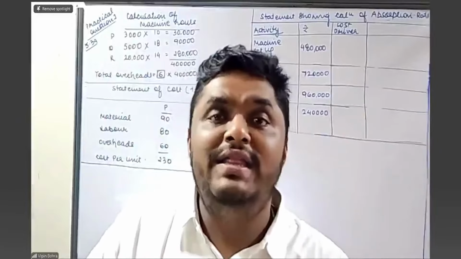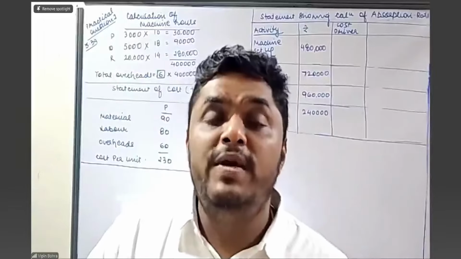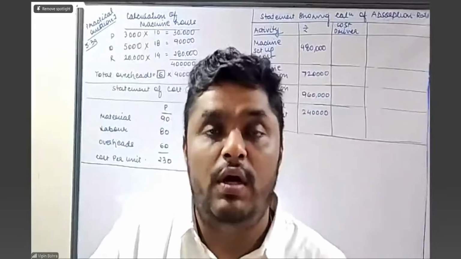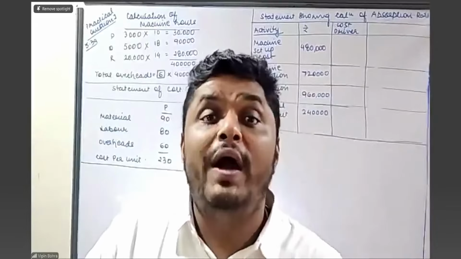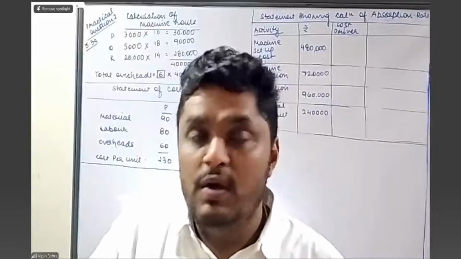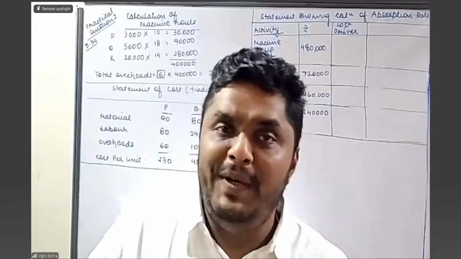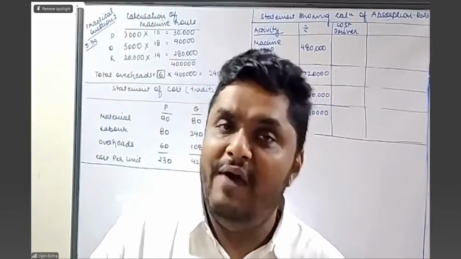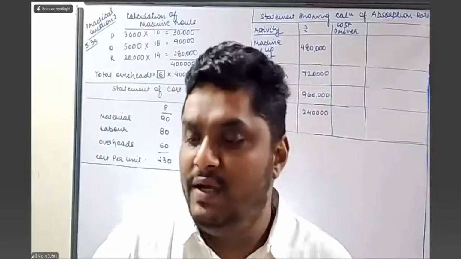But now in this question, no information is given as to which activity has which cost driver. So herein, we have to identify the cost driver. Whatever the most appropriate cost driver for an activity is, we will assign it. We have to use the information that is given in the question.